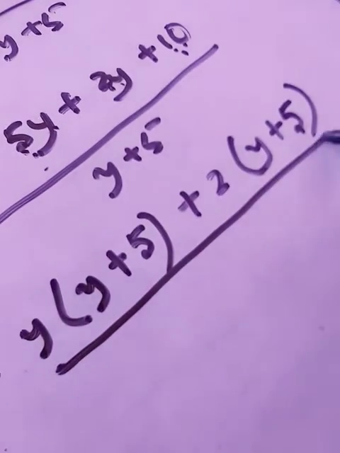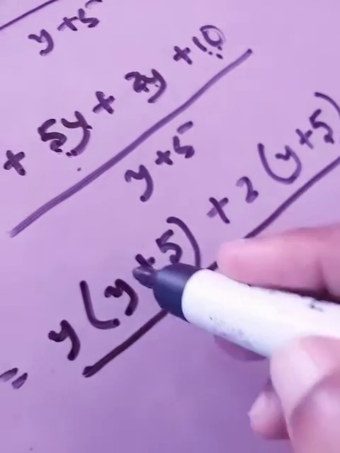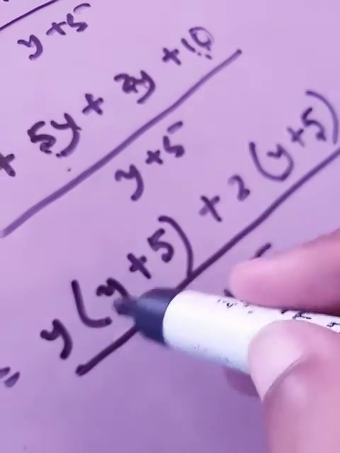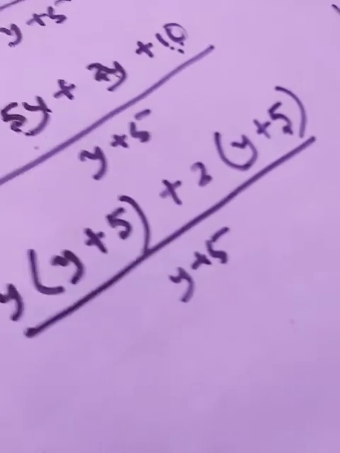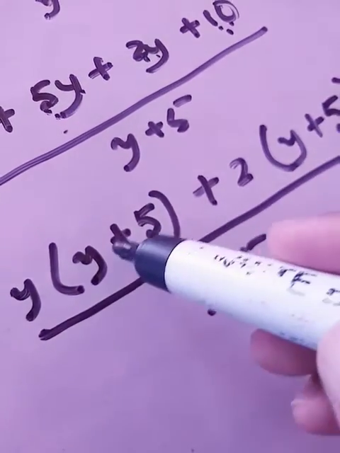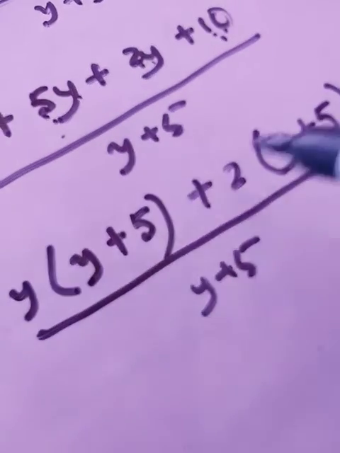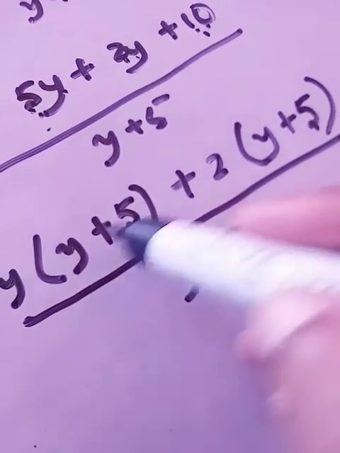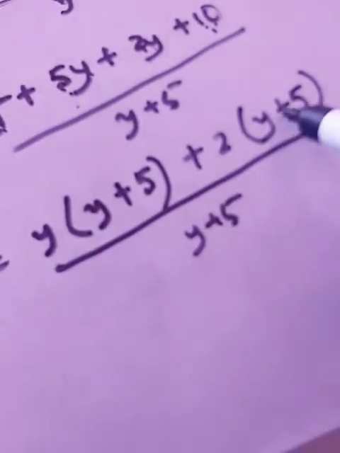Now you see inside the bracket it's absolutely the same, y plus 5. This part is extremely important, because here you can judge whether you are going on the right path or not. These two brackets should be absolutely the same, and in this case they are.